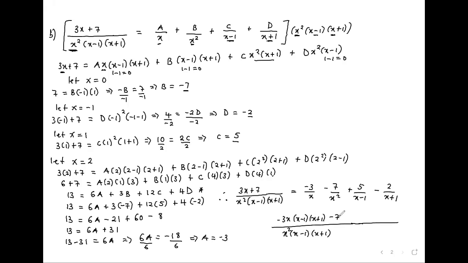And minus 7, x minus 1, x plus 1. Plus 5, x squared, x plus 1. Minus 2, x squared, x minus 1. So if you simplify this, you must be able to get this when you're proving if it's correct. Okay, so let's log out and quickly log back.